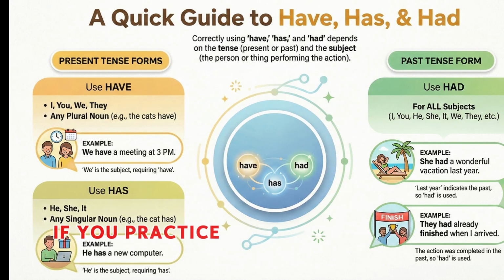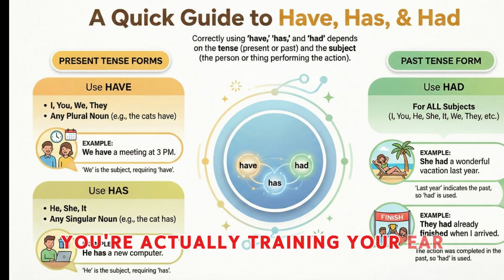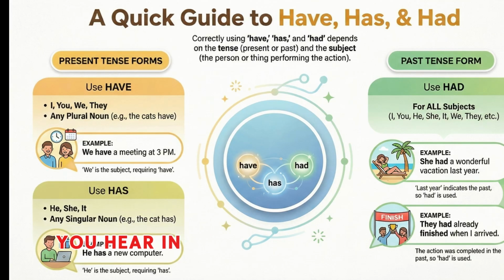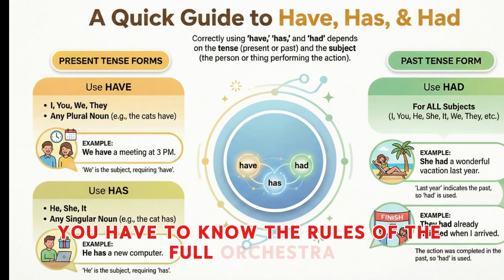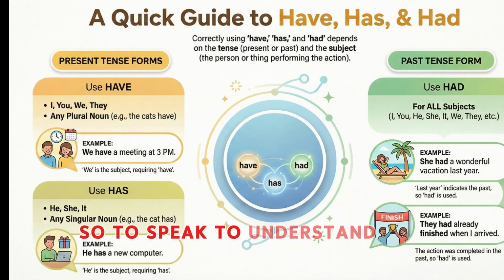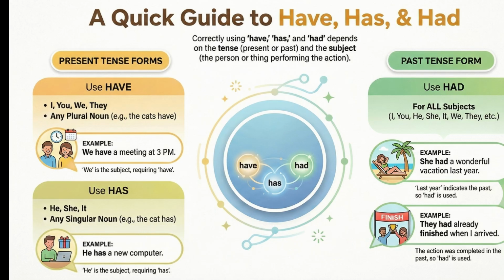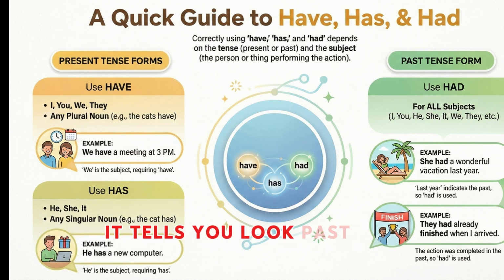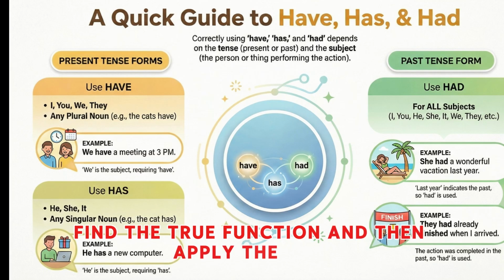If you practice the full forms, have, is, has, had, you're actually training your ear to correctly interpret the short versions you hear in everyday conversation. You have to know the rules of the full orchestra, so to speak, to understand the abbreviated score. It simplifies by standardizing. It tells you, look past the contraction, find the true function, and then apply the rule.